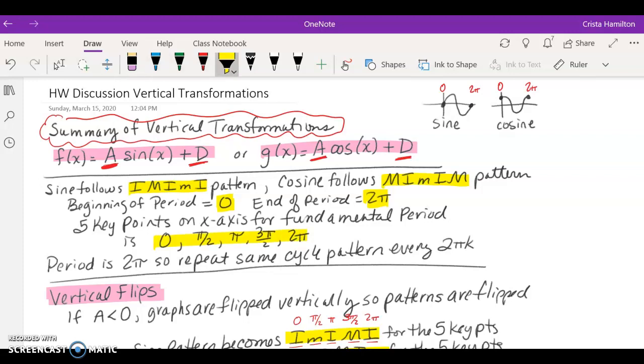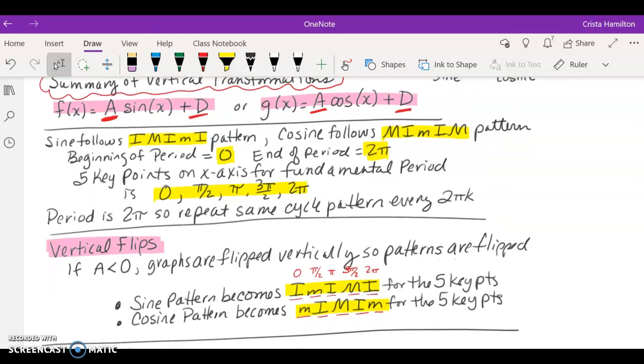We want to keep those in mind because those are the 5 key points where we put our cycle on the graph. The period is still 2 pi, so we repeat every 2 pi k. So 0 to 2 pi looks exactly the same as 2 pi to 4 pi, and so on.